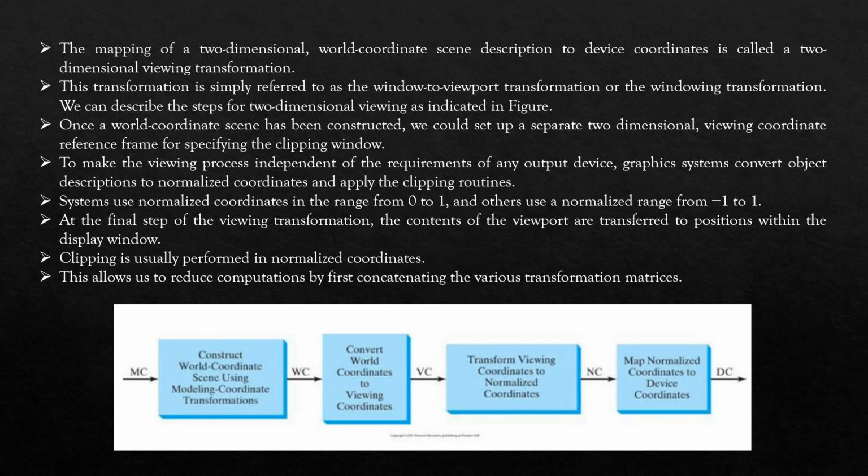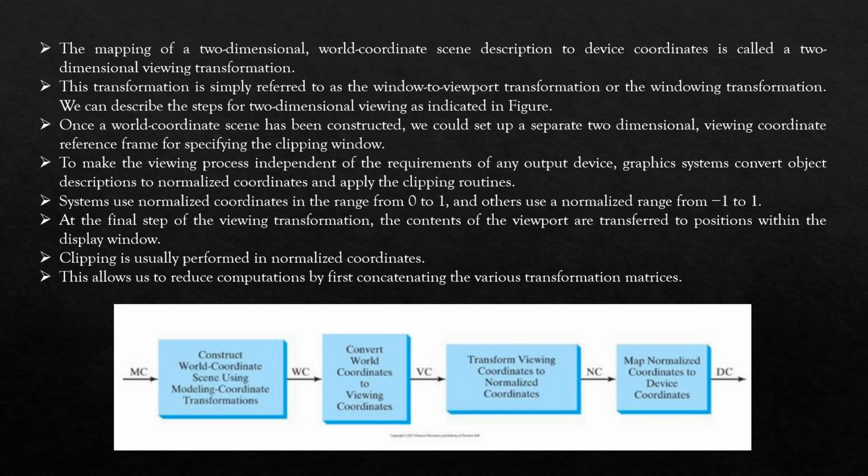Some systems use normalized coordinates in the range from 0 to 1, and others use the normalized range from -1 to 1. So here we can see that some normalized coordinates are positive and some normalized ranges are negative.